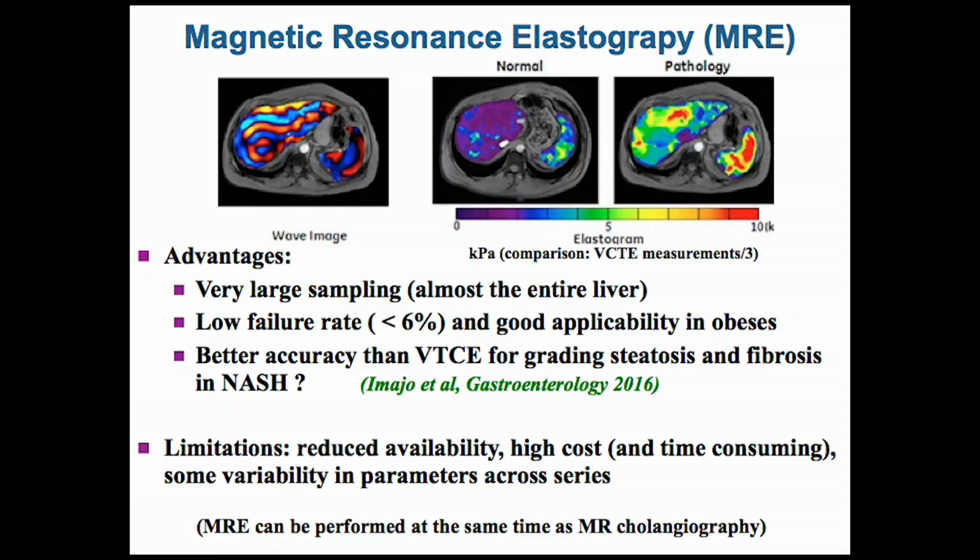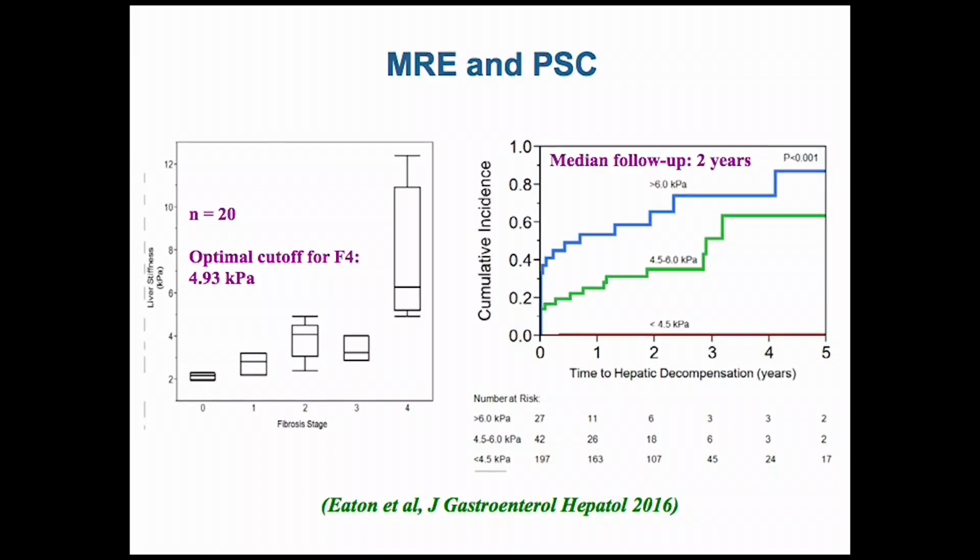Advantages include very large sampling because it explores almost the entire liver, a low failure rate and good applicability in obese patients, and a better accuracy than FibroScan for grading steatosis and fibrosis in NASH. Limitations include reduced availability, at least in Europe, high cost and time consumption, and some variability in parameters across series.